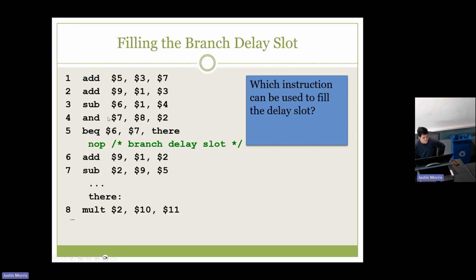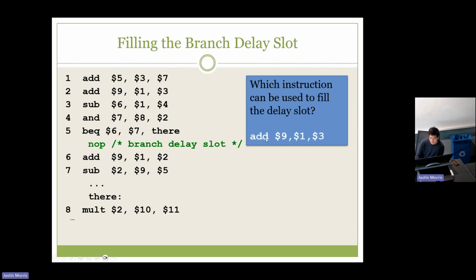The other thing that we want to point out is we were only looking at the instructions before the branch, right? Because all of these instructions after the branch, assuming that they write to a register of some kind or write to memory, are dependent on the control of the branch.